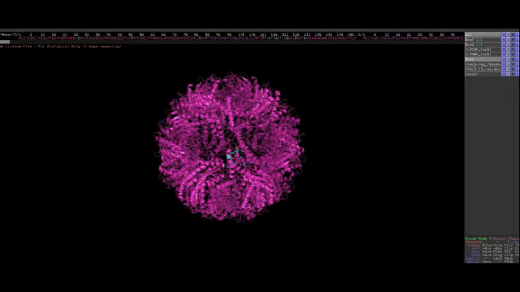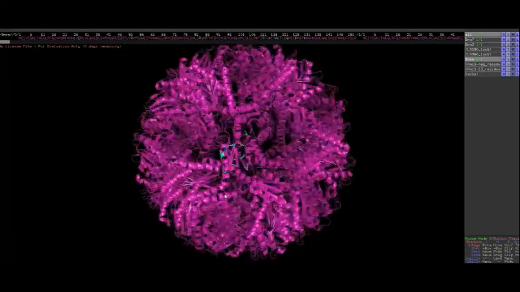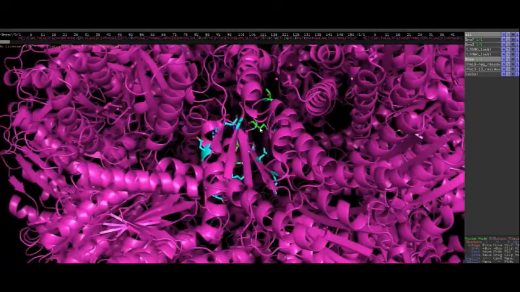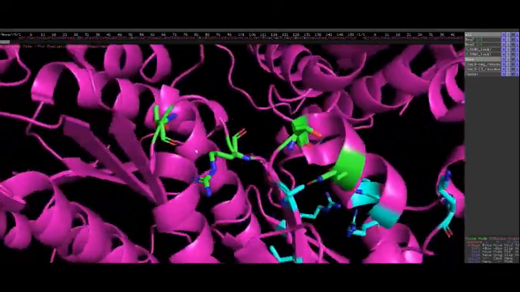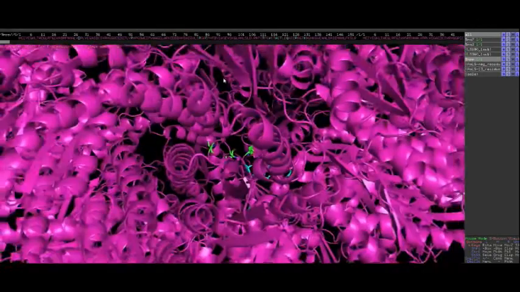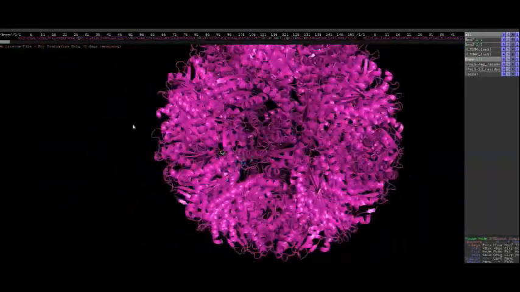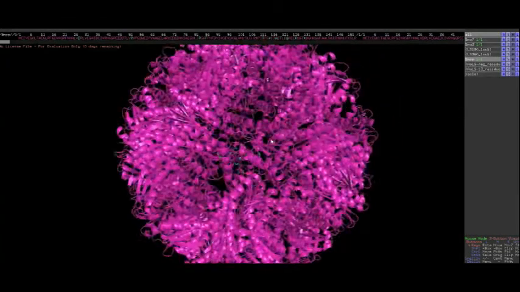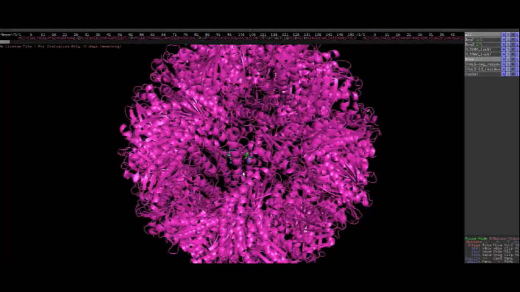And in this paper, they actually did some site-directed mutagenesis, and they did it on these residues I have in green. So this is just on a single monomer here. That would be present on all of the monomers in here, which I think there are 60 monomers on here.